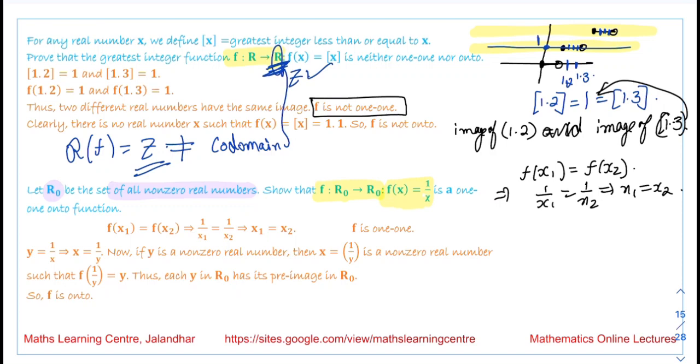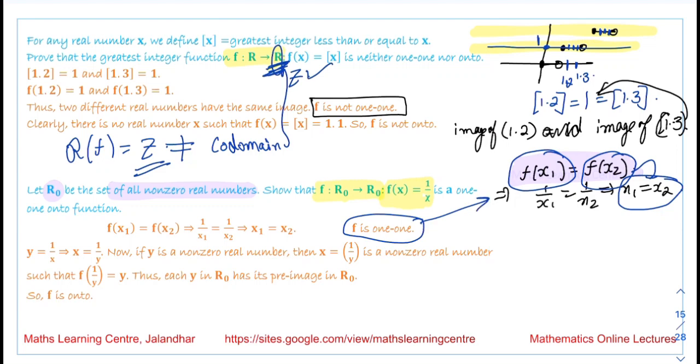So we are saying that if two elements f of x1 and f of x2 from the image set are equal to each other, then the two elements x1 and x2 whose images they are are also equal to each other, and this gives us that f is a 1-1 function.